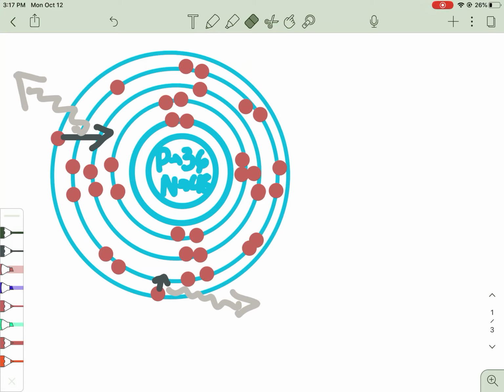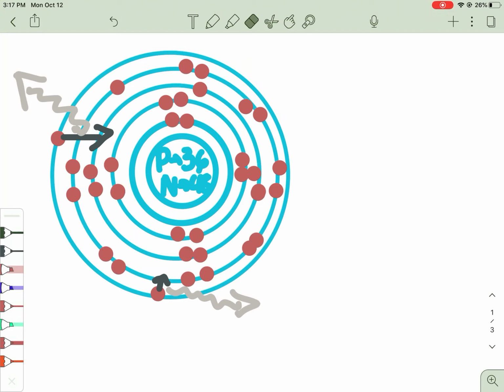So what I did here is I took 2 electrons. It doesn't really matter where you take them from. We're going to explain that in a second here with the 4, okay? So krypton gave off white light, which means it has multiple electrons falling, all right? So I showed 1 electron returning to its ground state at a farther distance, 1 at a shorter distance, and then I showed the white light being released, okay?